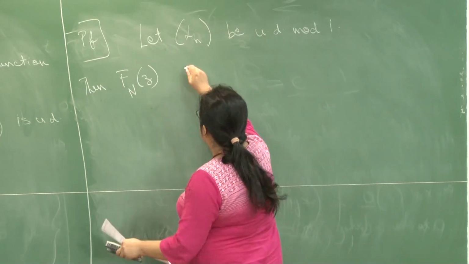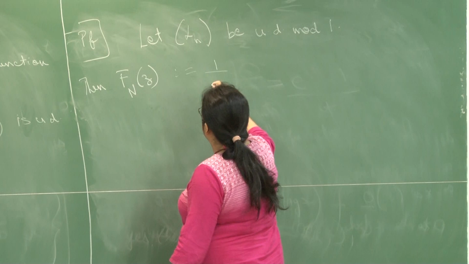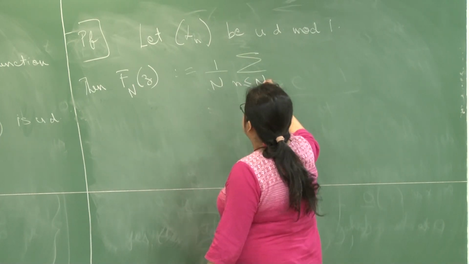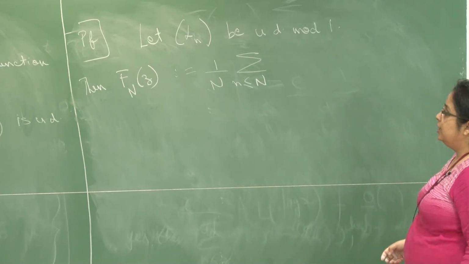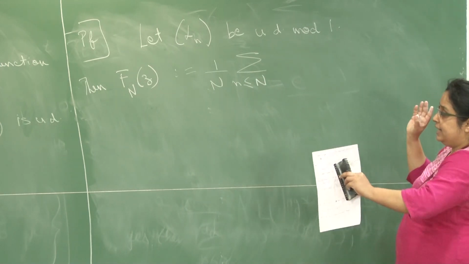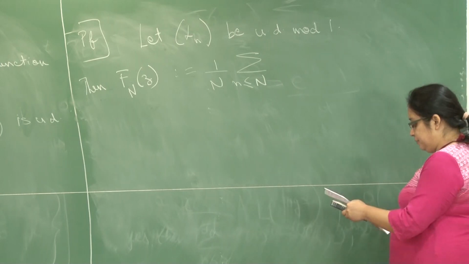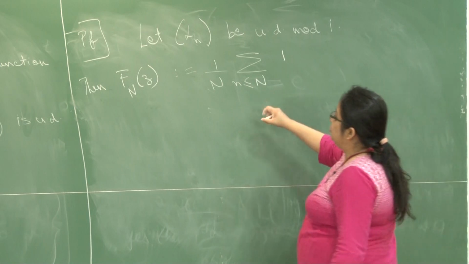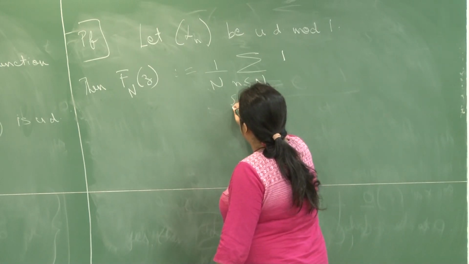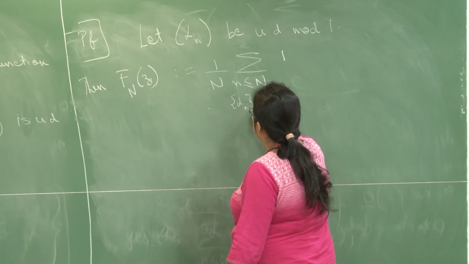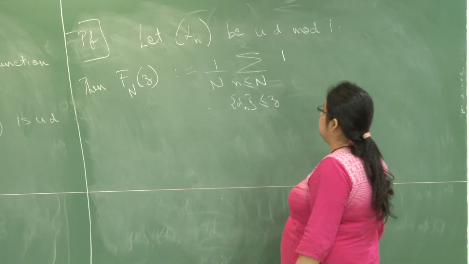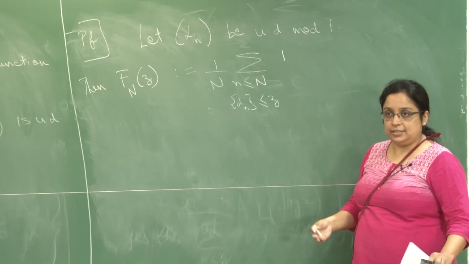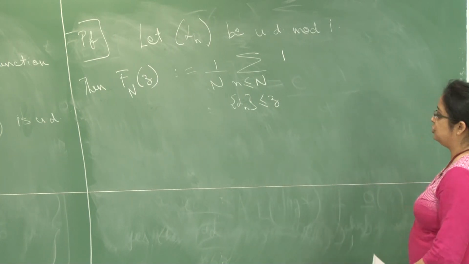It is 1 over N, the number of n up to N for which your alpha sub n lies in the interval 0 to z, which is the same as taking the sum over all those n's for which the fractional part is less than or equal to z, and for every such n, adding a 1. This is just another way of writing the counting function.